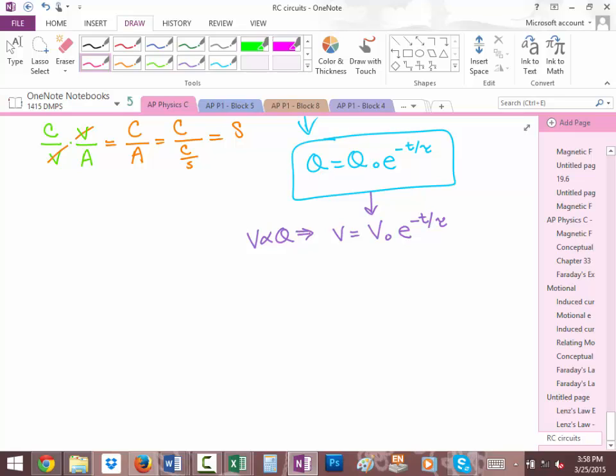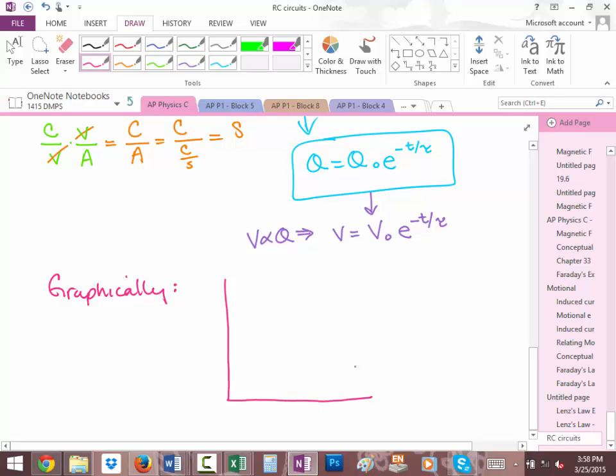May not surprise you. If we look at this graphically, let's go ahead and just do a graph of the charge on the capacitor as compared to time. What's that going to look like?